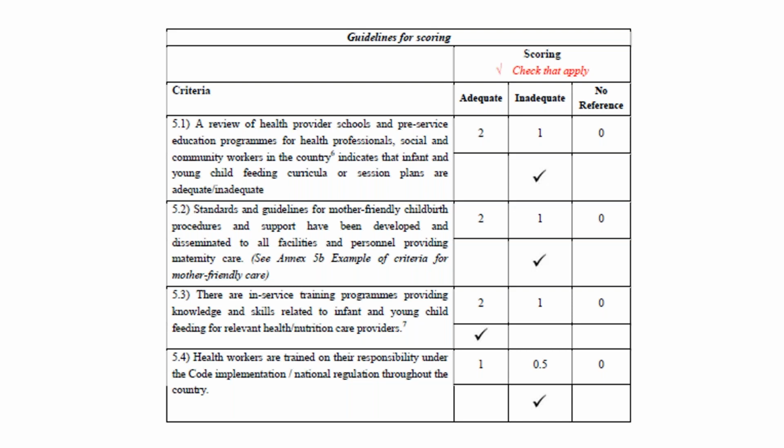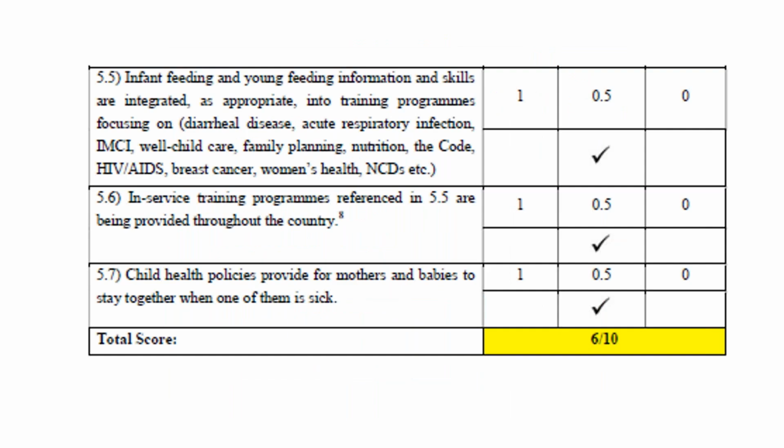Are there in-service training programs providing knowledge and skills related to infant and young child feeding for relevant health and nutrition care providers? And certainly there are many in-service training programs available for working in the field. And of course, 5.4 is inadequate because we don't have responsibility under the code except in the baby-friendly hospital initiative.